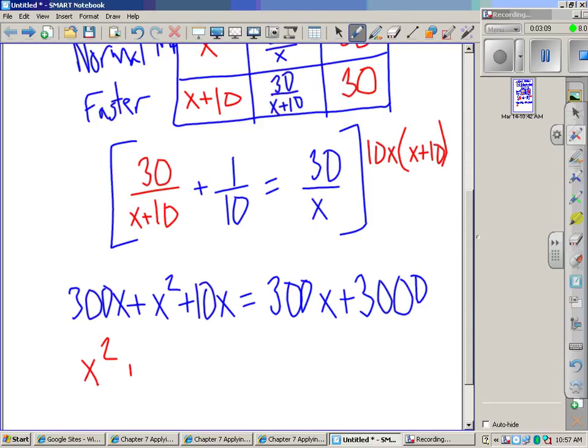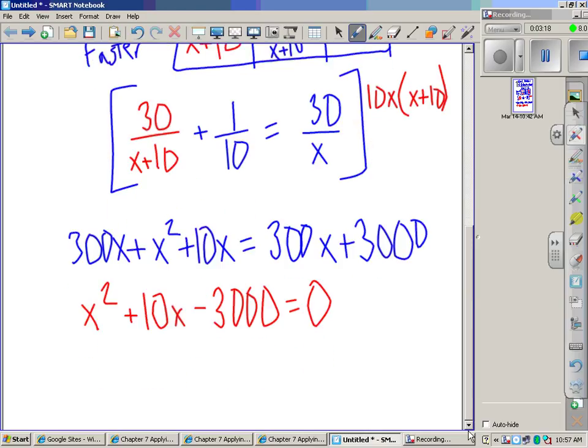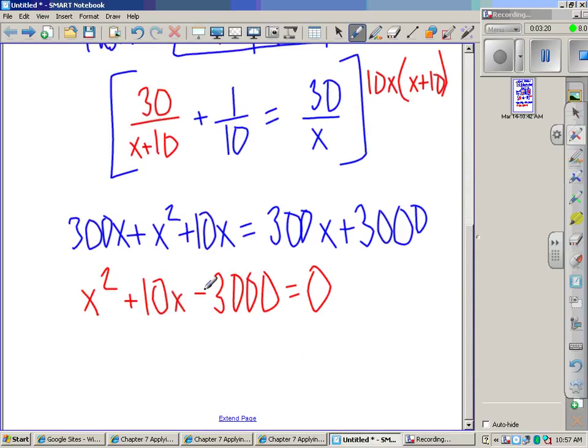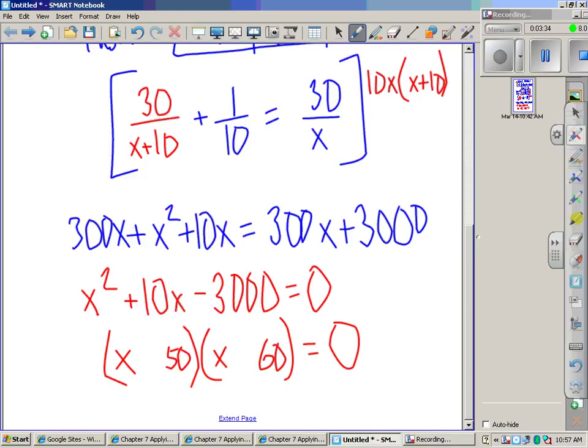X squared plus 10x minus 3000. This is sum or difference. It's a difference of 10, so the numbers are going to be fairly close together. x, 60, 30, one plus, one minus.